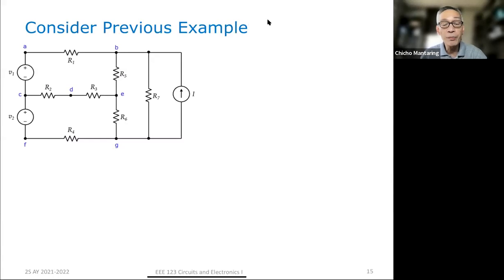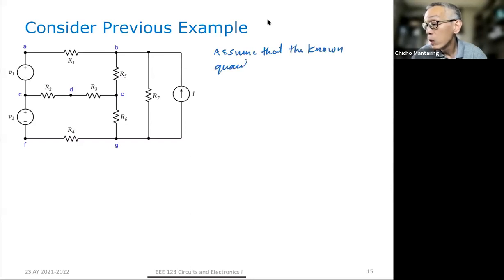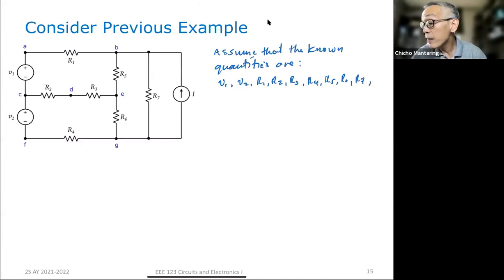So let's assume that the known quantities are my sources V1, V2, my resistances R1, R2, R3, R4, R5, R6, R7, and I, which is also a source.